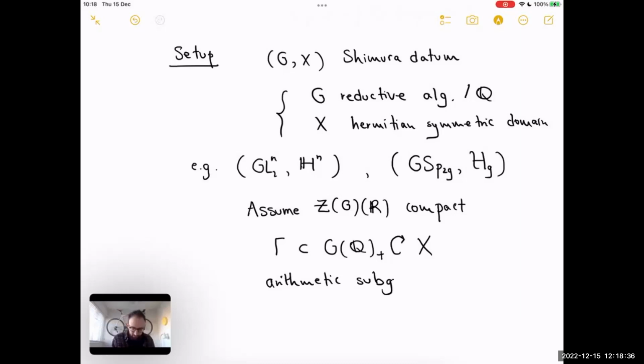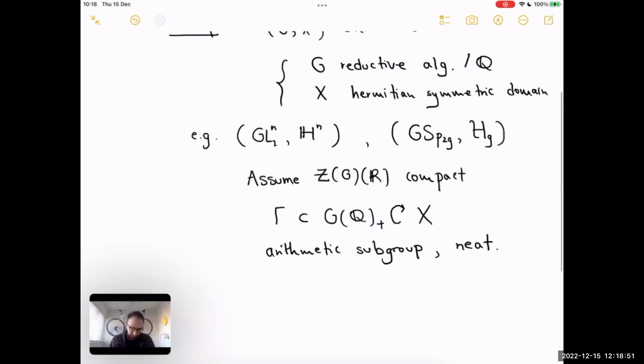Again, just for technical reasons, I want to assume that it's neat, or torsion-free, or sufficiently small, just to avoid mistakes. And then the quotient of X by this gamma is what I call today a Shimura variety, and I want to fix this for the talk.